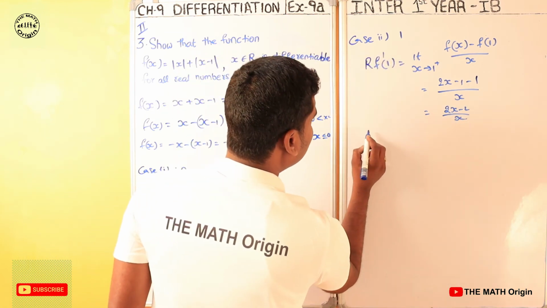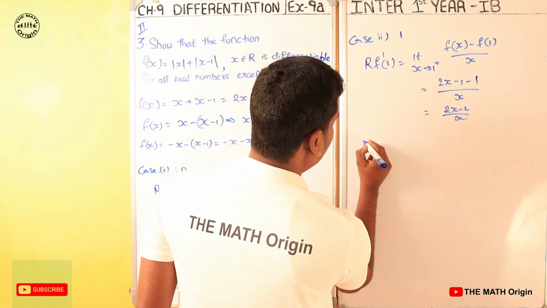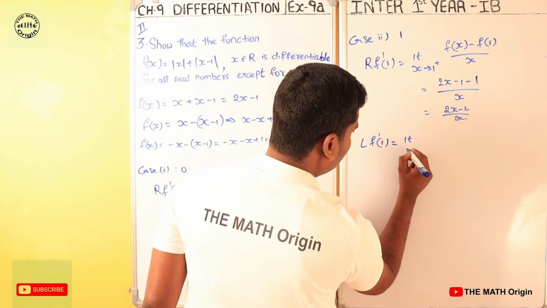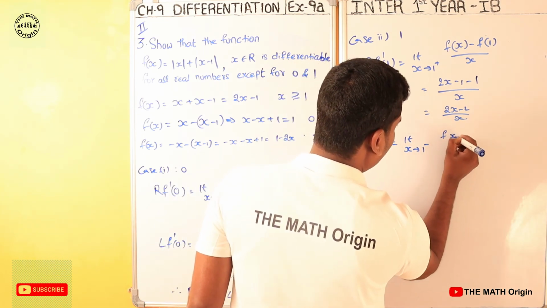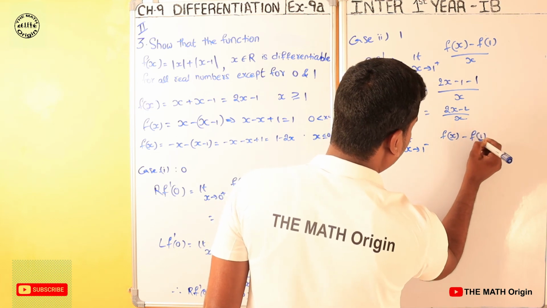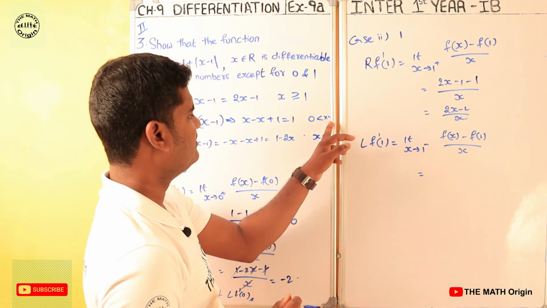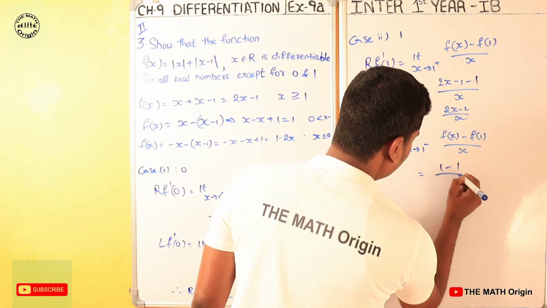Now let's take the left hand limit of f'(1), which equals the limit as x tends to 1- of (f(x) - f(1))/x. Therefore f(x) with 1- will be the constant value 1, and 1 - f(1) is 1 by x.